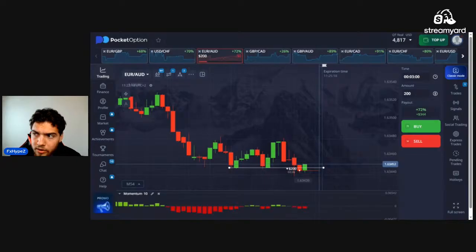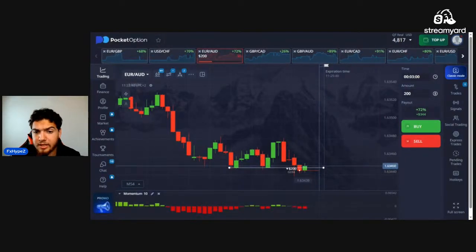Not a candle I want to see. That's a little bit better. If this candle engulfs the previous one, that usually signals a shift in momentum, which I don't want to see.